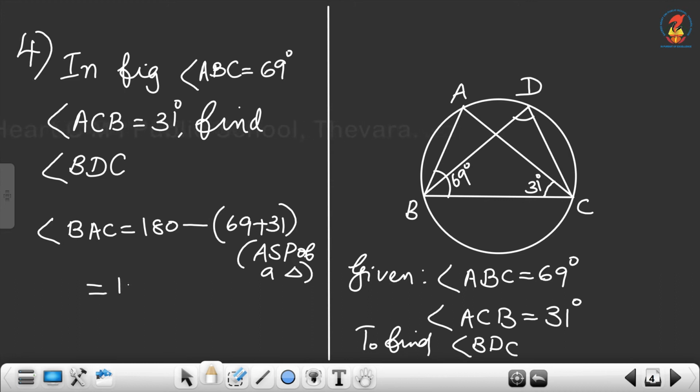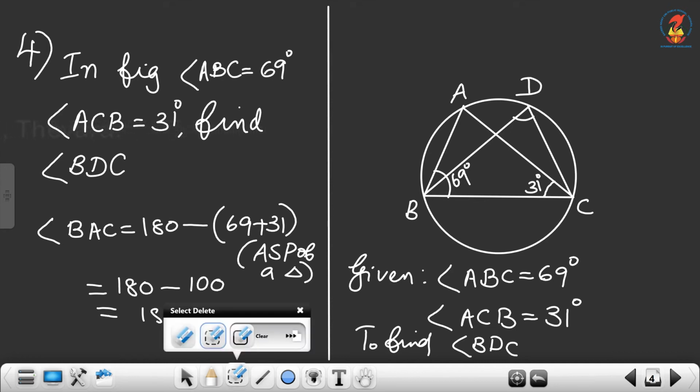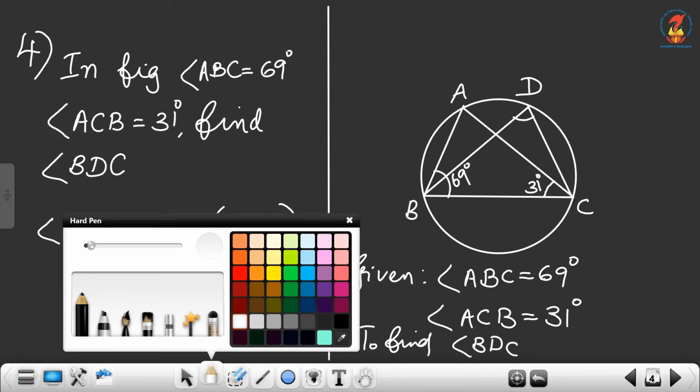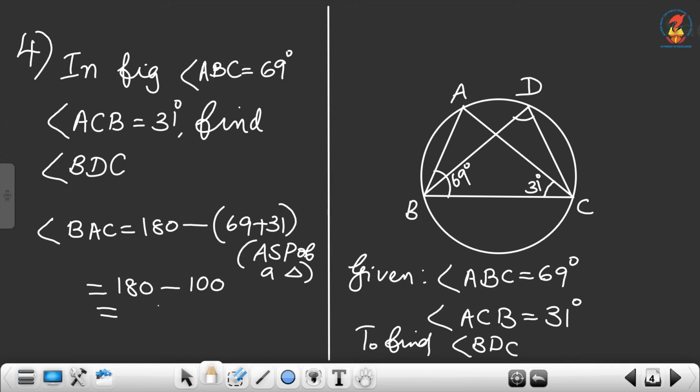So we can write 180 minus 100, which is equal to 80 degree. So we got angle A as 80.